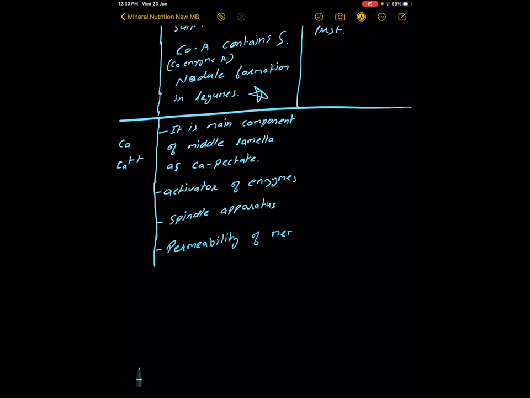So it is involved in detoxification, permeability of the membrane, middle lamella component, and activator of enzyme.